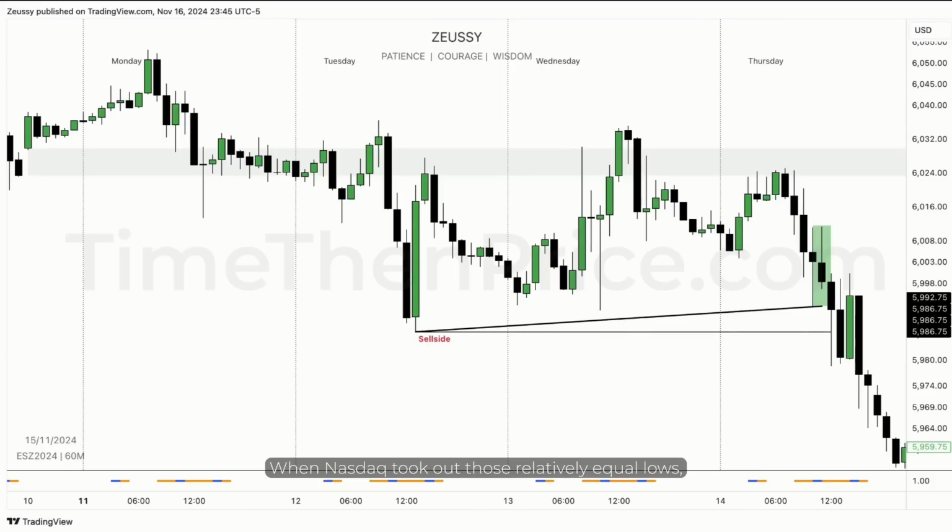Where Nasdaq took out those relative equal lows, you can see that ES never did that until the PM session came into play. Therefore, during the morning session, we can anticipate buying opportunities to present themselves. So even if the market doesn't continue the expansion which we see coming, we can still be profitable because we're taking partials at the logical levels.